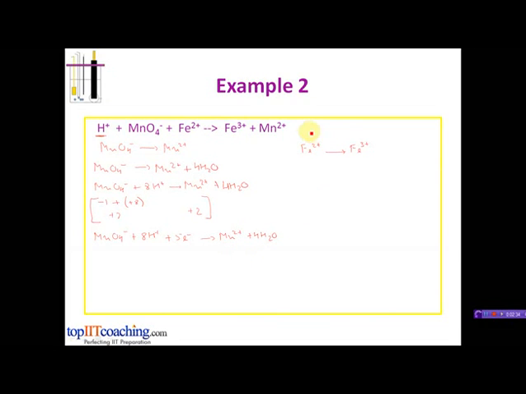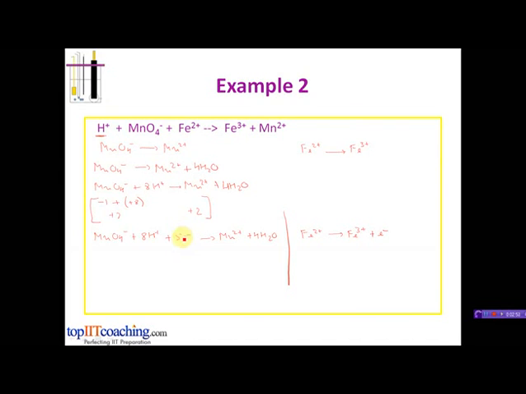4H2O. Now here in the other half the charge is +2 on the left hand side and +3 on the right hand side. So we are going to add 1 electron to the right hand side. So the equation that we get is Fe2 plus will give Fe3 plus and an electron.